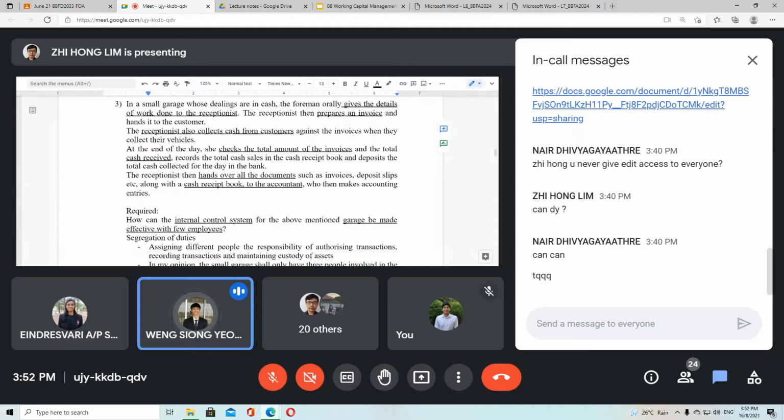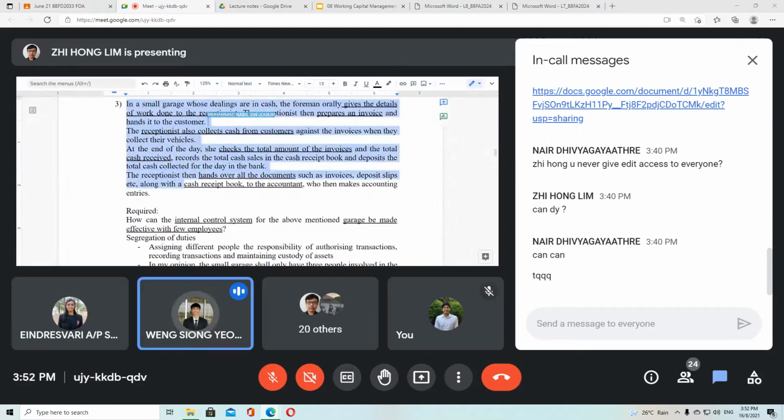In a small garage whose dealings are in cash, the foreman orally gives the details of work done to the receptionist. The receptionist then prepares an invoice and hands it to the customer. First of all, what is this scenario about?